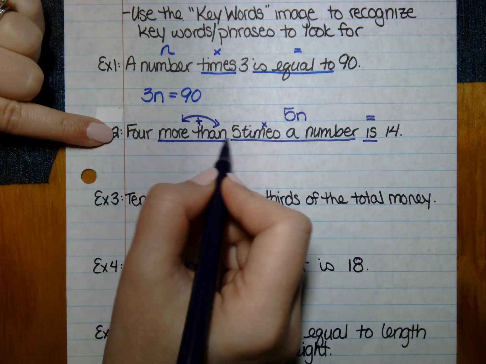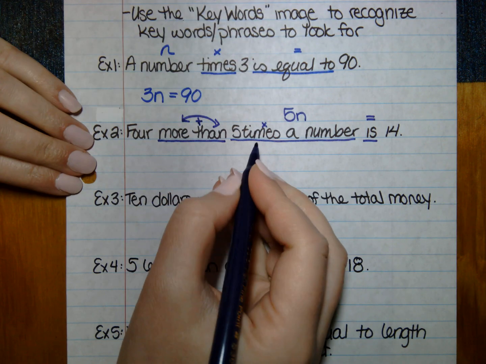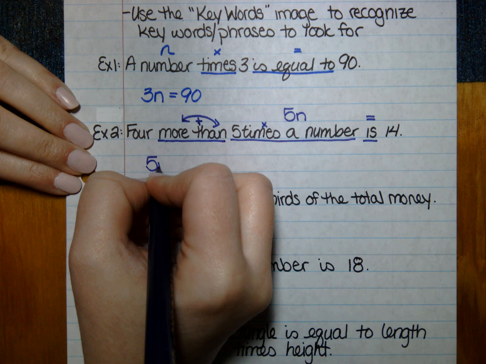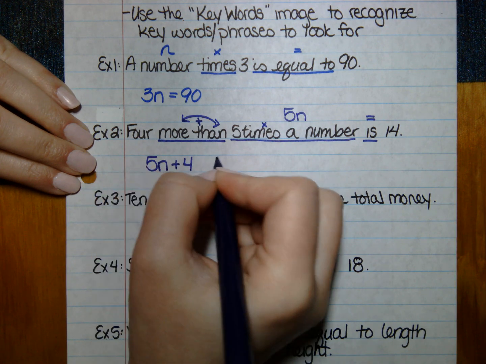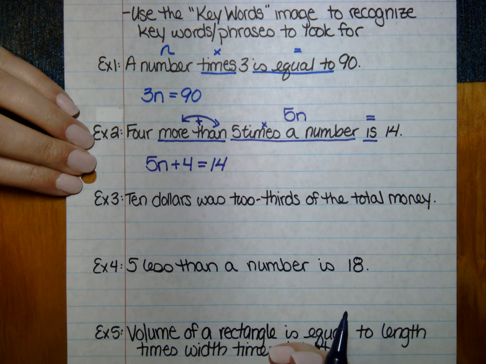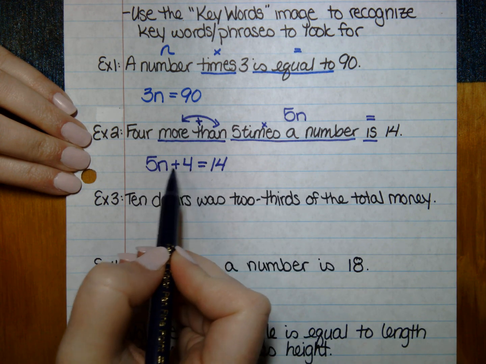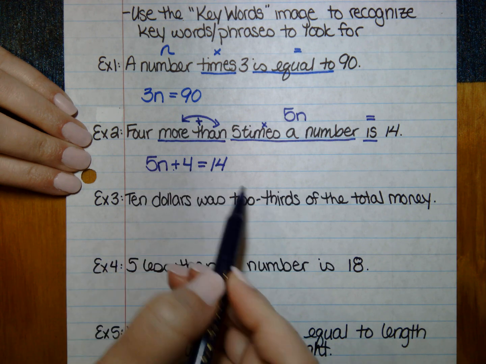So as I read it left to right, I have to remember to switch those two terms. So I'm going to start with my 5n, I'm going to add 4 to it, and that's going to equal 14. So when I look at this back, I have 4 more than 5 times a number is 14.